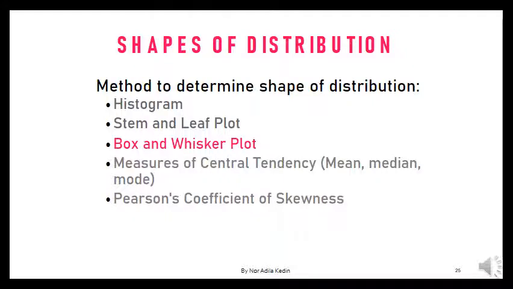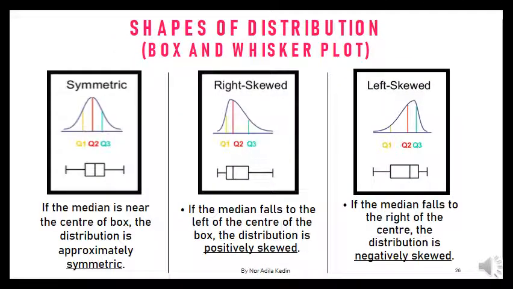So ini saya dah mention tadi on shape of distribution, box and whisker plot. Okay. So you ada 3 possibility untuk your box and whisker plot. If the median is near the center of the box, kalau you punya median berada hampir di tengah-tengah box, the distribution is said to be approximately normal. You punya Q2 ni in the middle of the box.